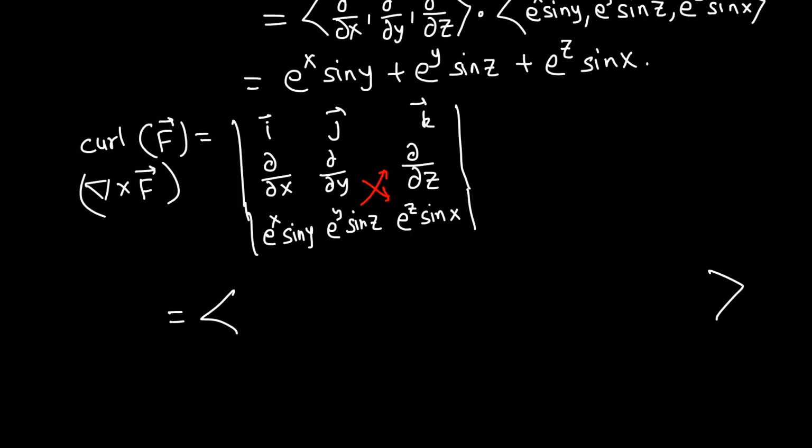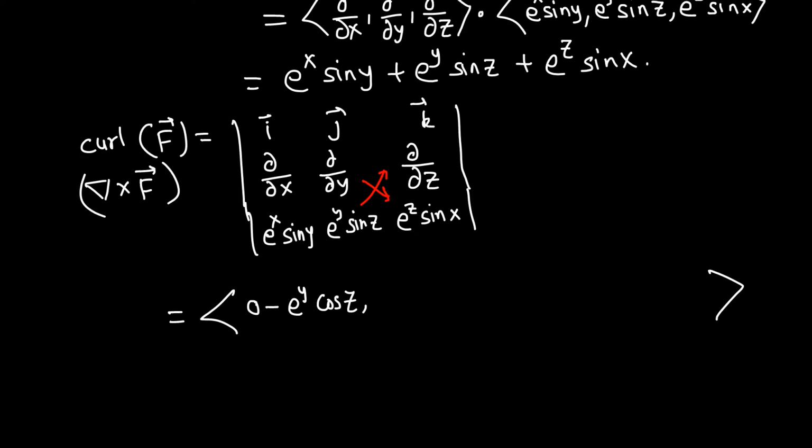That means take the partial derivative of this with respect to y minus the partial derivative of this with respect to z. With respect to y, there is no y function, so the partial derivative is 0, minus, this way, the partial derivative of this with respect to z: e^y remains constant, and the derivative of sin z is cos z. That's the first component.